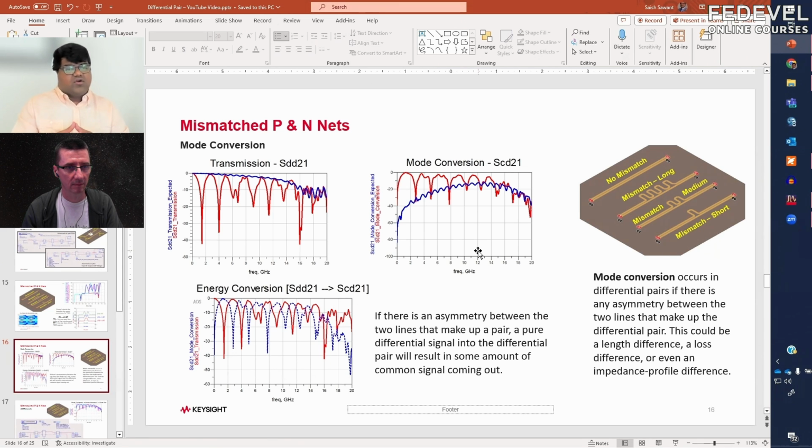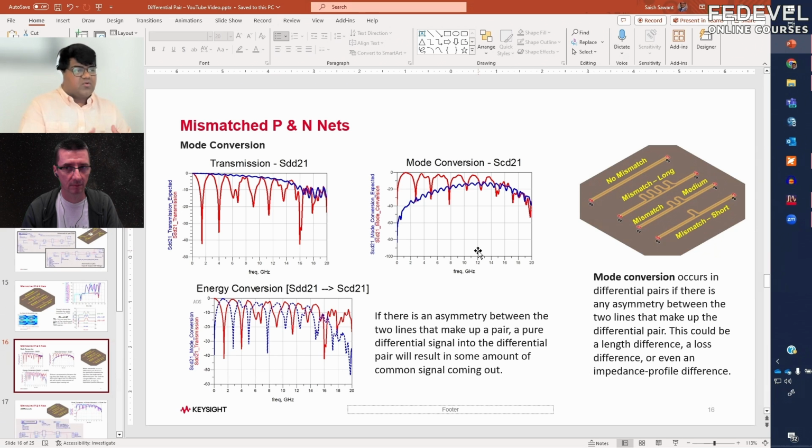Basically, a differential signal is launched, and ideally a differential signal should not have a common signaling component. The common signaling should cancel out. We are not deliberately inducing it, but because of the impedance profile of this layout, we are seeing energy getting converted from differential signaling to common signaling.